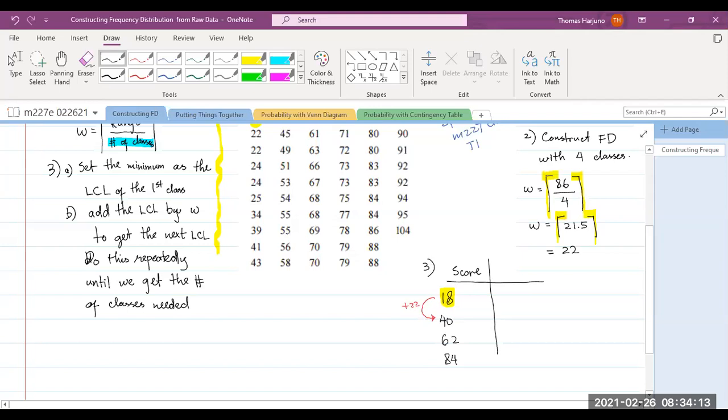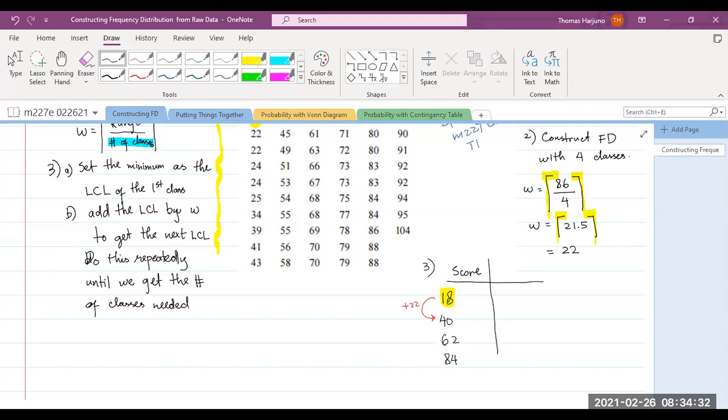Now, remember, the class width is defined to be the difference between consecutive lower class limits. At least that's the definition used in our textbook, and that's the definition used by a lot of textbooks.